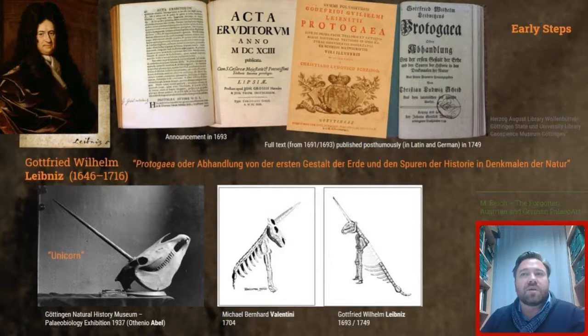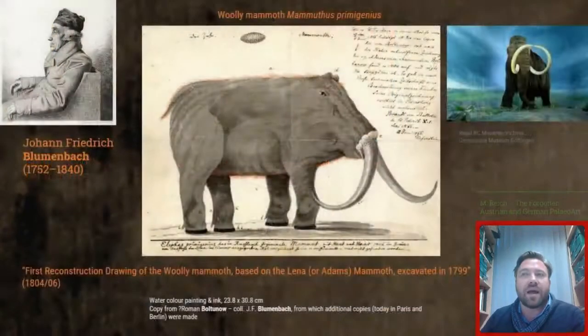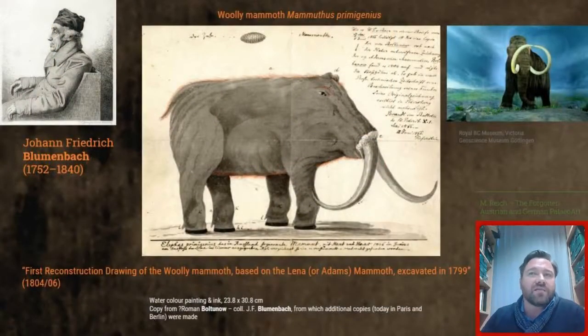However, the more serious business started during the late Enlightenment with the proof and clear evidence of extinct species, based on skeletal comparison of the fossil woolly mammoth and the modern Indian elephant by Johann Friedrich Blumenbach in Göttingen and Georges Cuvier in Paris.